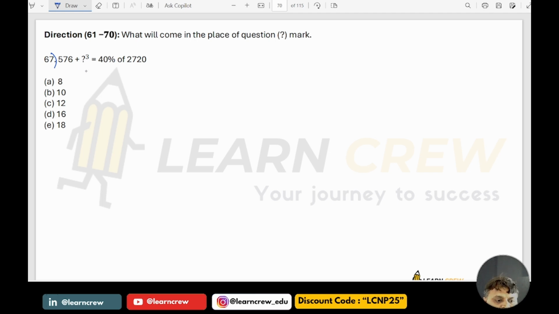If you observe here, question number 67, 1088. 1088 minus 576 is 512. So it is 8 cube. So answer is 8 cube.